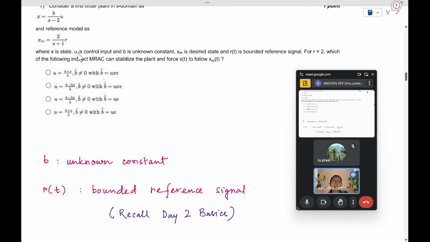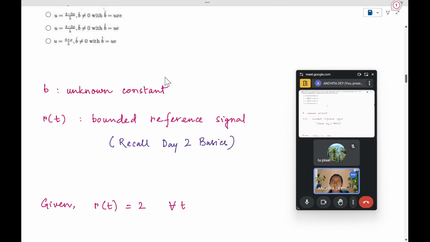That means your pole is equal to -1, and it's in the left half plane. So that would lead you to a stable scenario. In fact, if you write it down in the time domain using the state space form, you would see that your AM turns out to be a negative parameter.